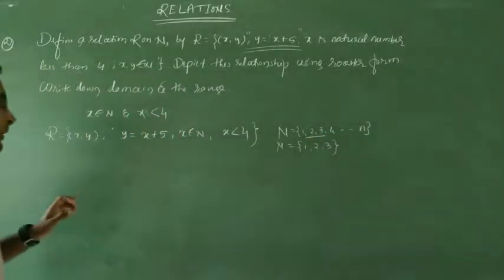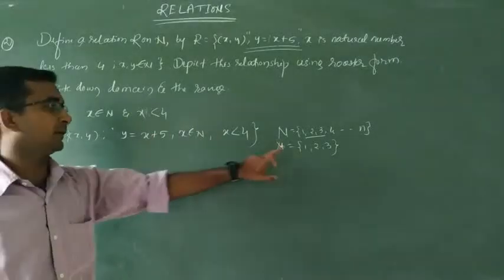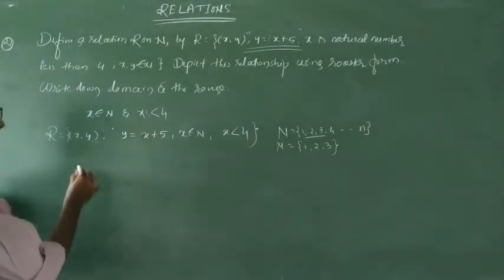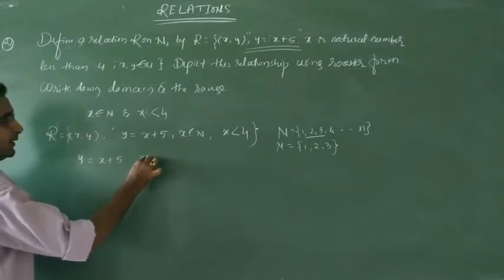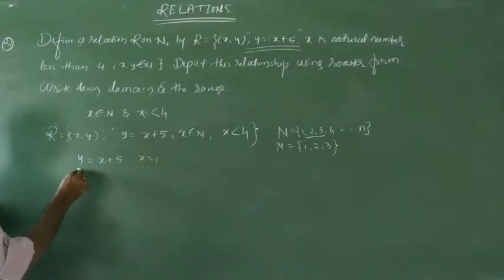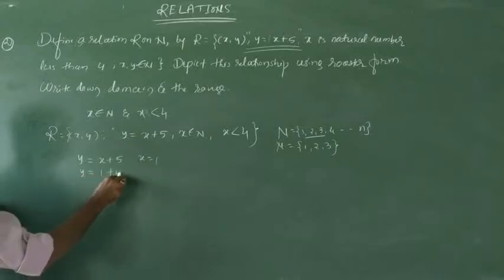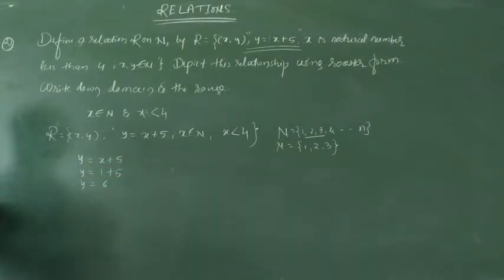Here we take the first element x as 1. The condition is the relation we have been given, y equal to x plus 5. When x is equal to 1, then y is equal to 1 plus 5, so y is 6.